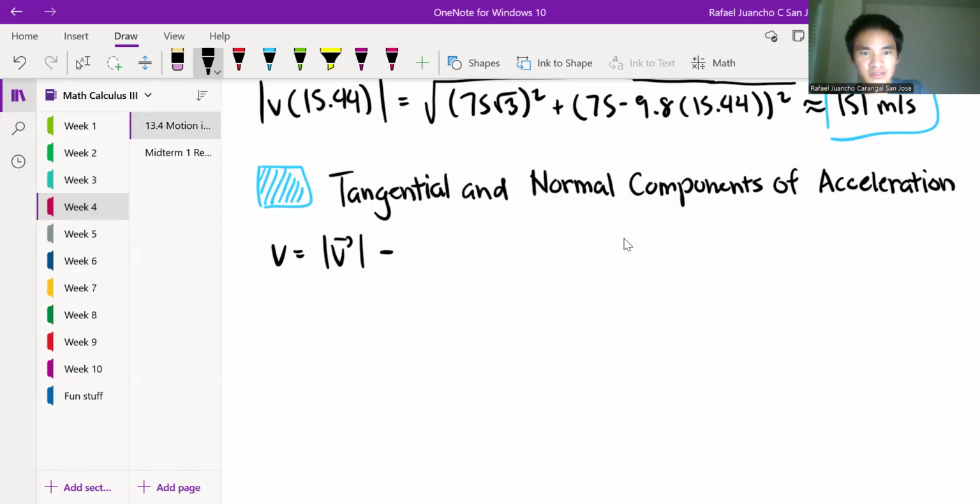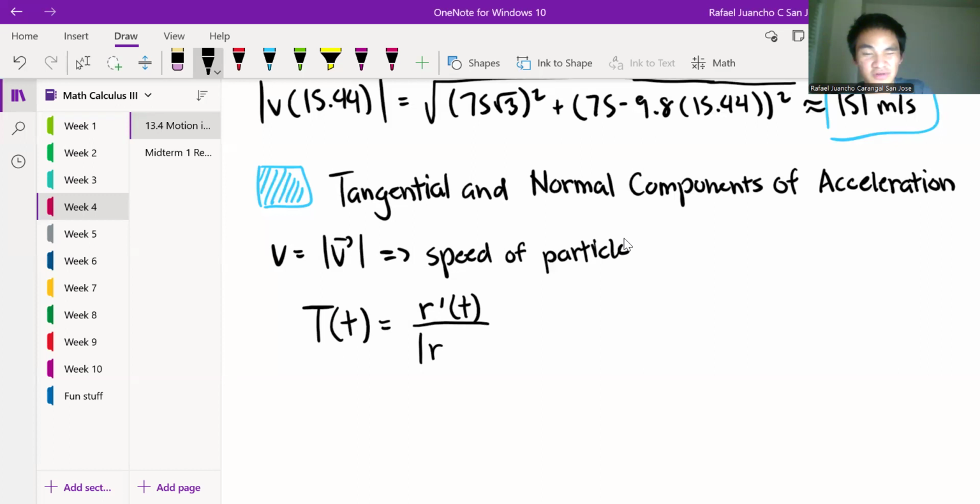right? So this is the speed of the particle. Then we have T, which is our unit tangent vector, from a previous video, if we recall.